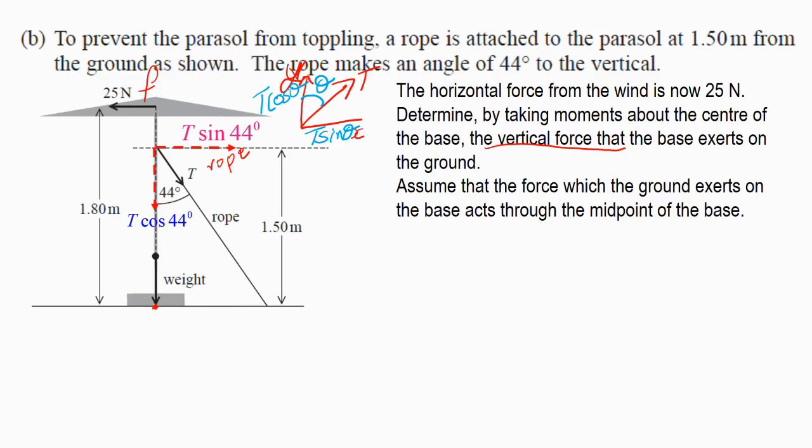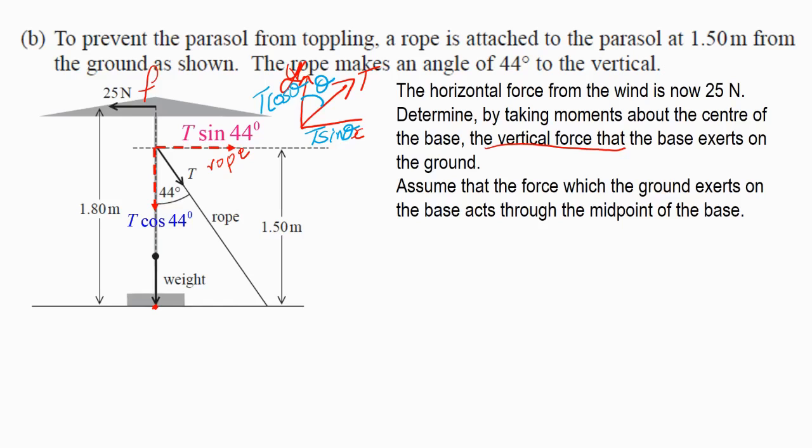Why are we providing this rope? This rope is absolutely to prevent the toppling of this parcel, that means to keep the parcel in an equilibrium condition. That means there are no net forces and no net moments, because the parcel is in equilibrium, or at rest.